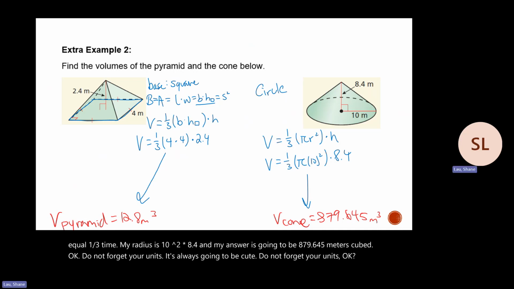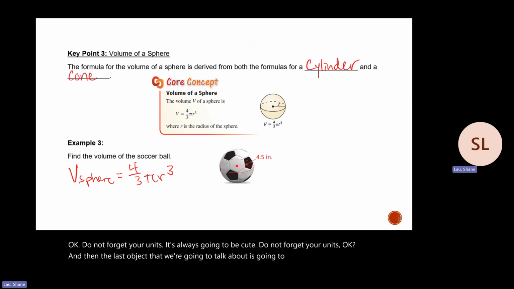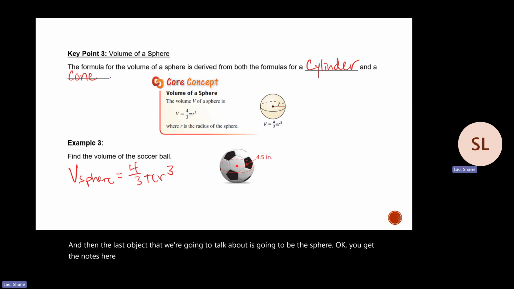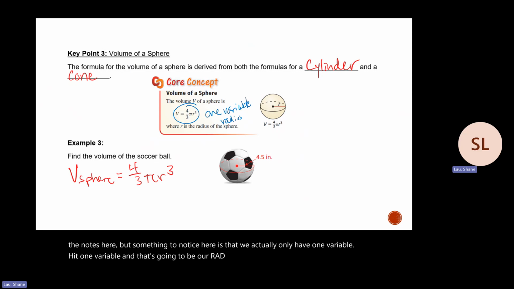And then the last object that we're going to talk about is the sphere. You get the notes here. But something to notice is that we actually only have one variable, and that's going to be our radius. As long as we have a radius, we can find the volume of a sphere, which is really nice because in this first example, we're already given our radius.